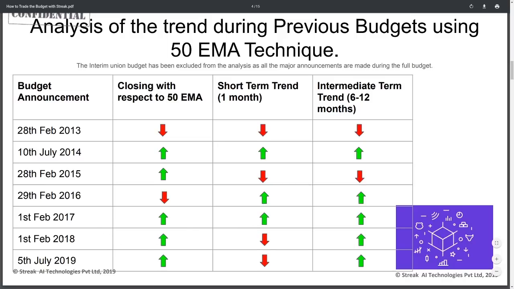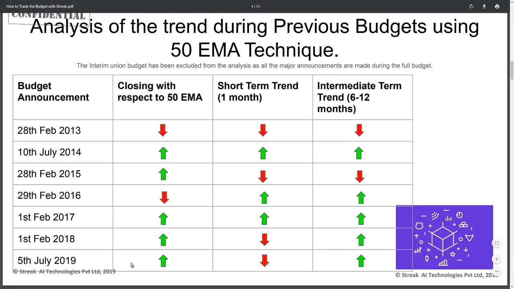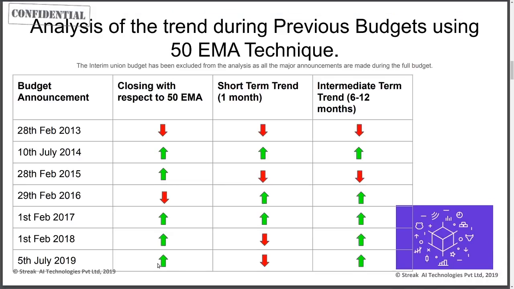Feb 2018 again, the price closed above, but the short-term trend was bearish, and the intermediate term trend was bullish. And this is 2019, last year's, where the price, even though it closed above the 50-day exponential moving average, the short-term trend was bearish, then it became bullish.